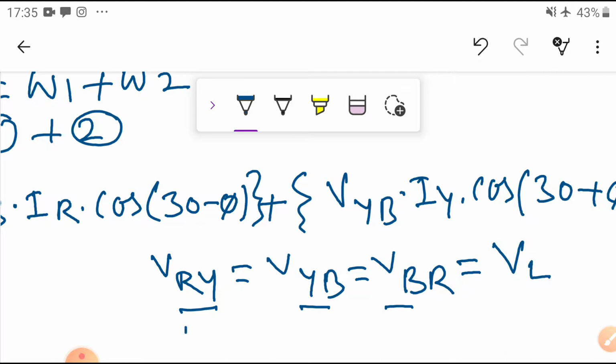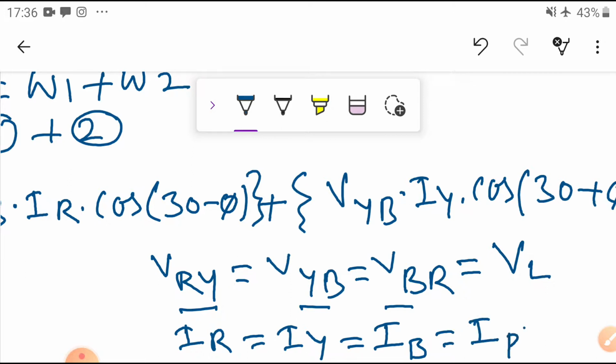Then IR is equal to IY is equal to IB, take the I phase. So we can take this value, or we can take the line current, because it is connected in star. Okay.